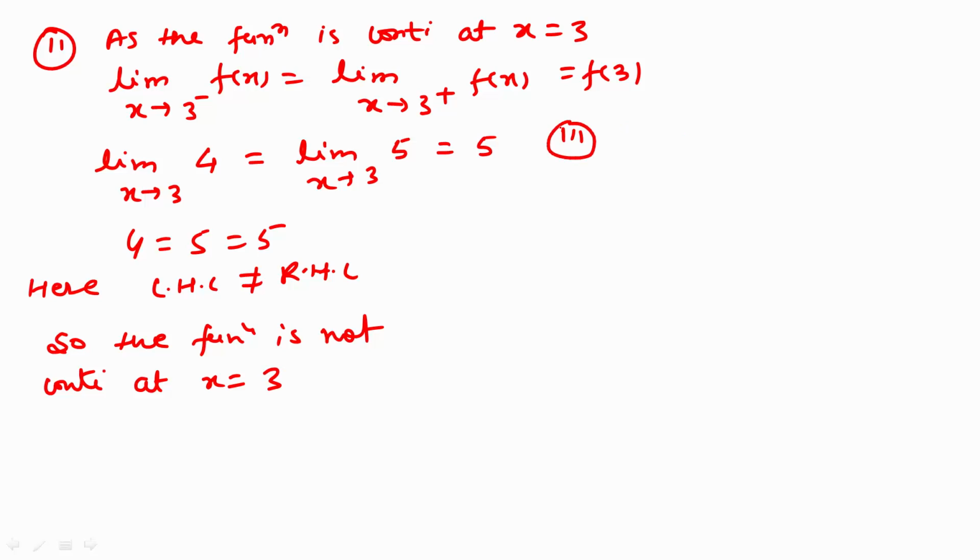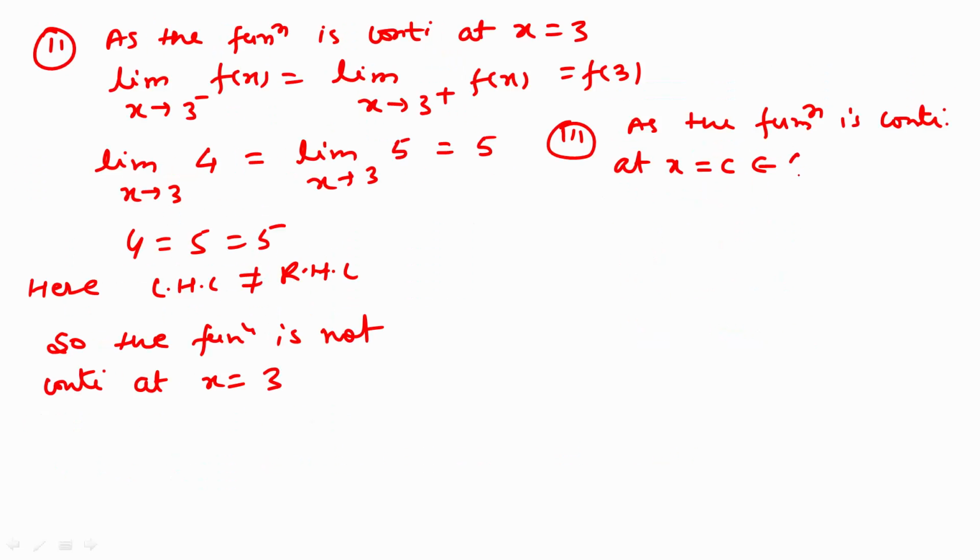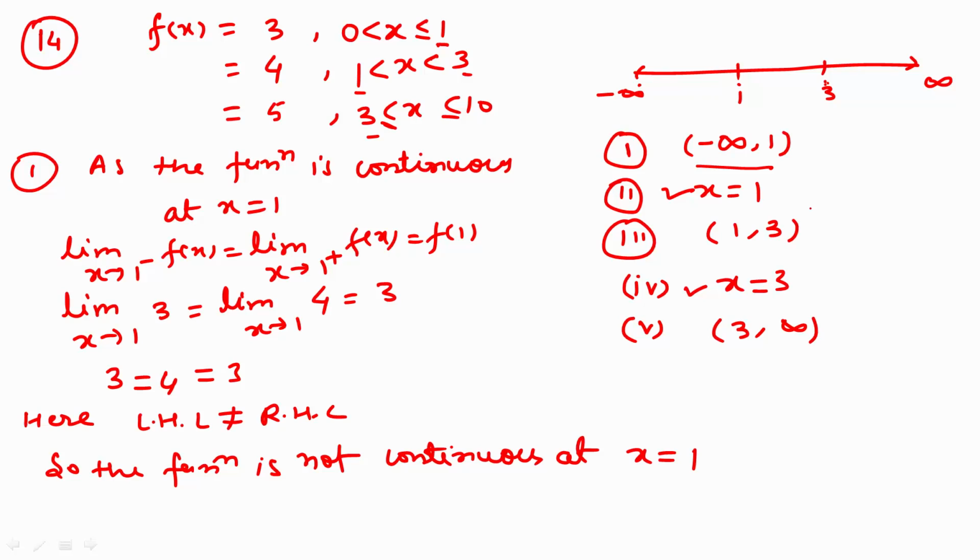Now check the third case. As the function is continuous at x is equal to c, where c belongs to minus infinity to 1, limit x tending to c of f(x) is equal to f of c. You can see that for the interval minus infinity to 1, c is always less than or equal to 1.